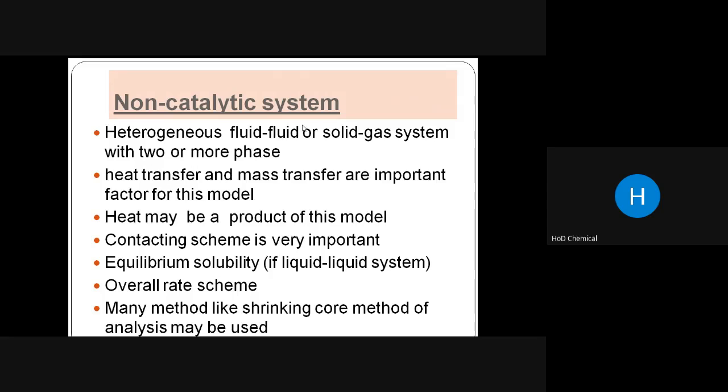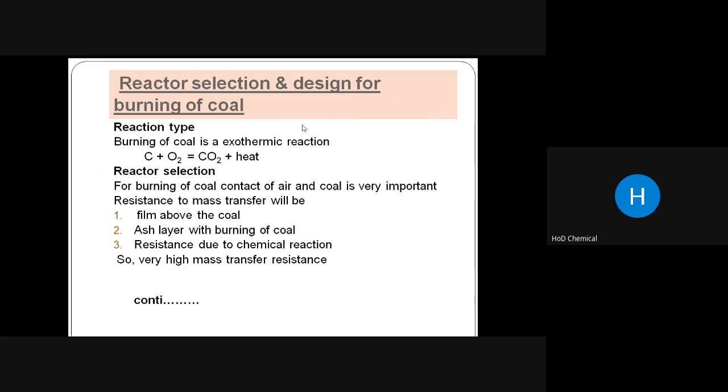So for the non-catalytic system, we have two models. For example, in a non-catalytic system, the heterogeneous phases are either fluid to fluid or solid to gas. From these phases, we can classify them as the shrinking core model and the progressive core model, SCM and PCM.